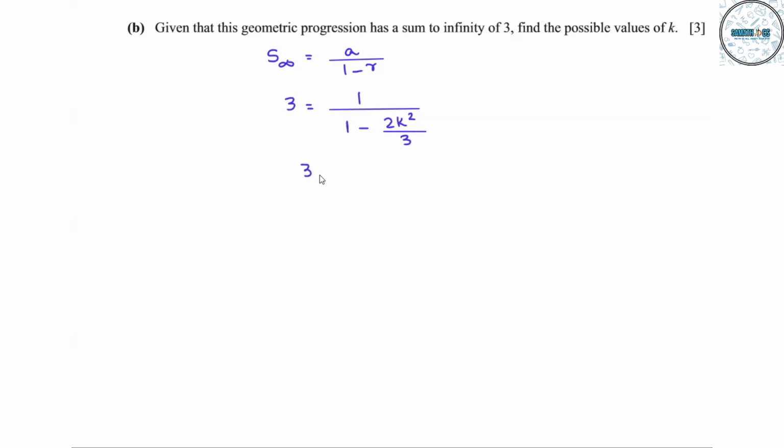So 3 is equal to 1 upon (3 minus 2k squared) upon 3.